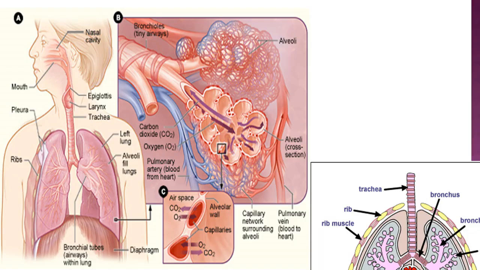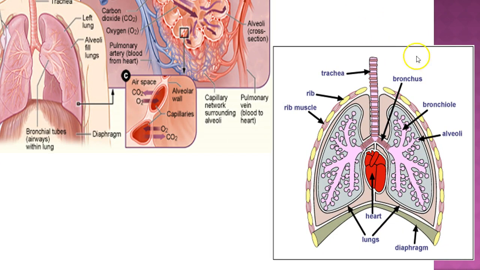And again, just a few slides on the review of the anatomy and physiology of the respiratory system, looking at a little bit of a detailed picture about a cross-section of the alveoli and how that diffusion across the capillary membrane happens. And then on the right, just looking at the crude picture of the lungs and the trachea, and how the ribs are in front of the thorax, and the rib muscles, and the bronchus and the bronchiole, and then the alveoli.